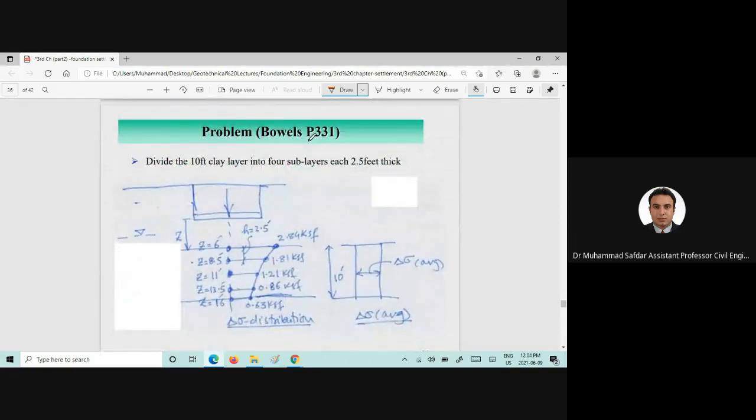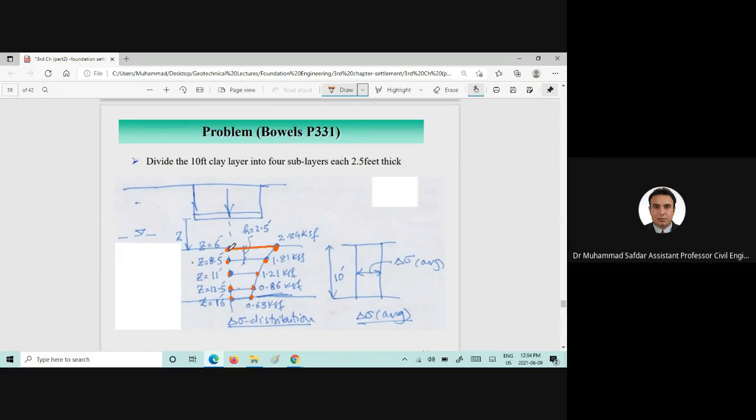Now here you need to remember a very important point, that for example at this particular depth, as we discussed earlier on, the stress increase would be greater at shallower depths.